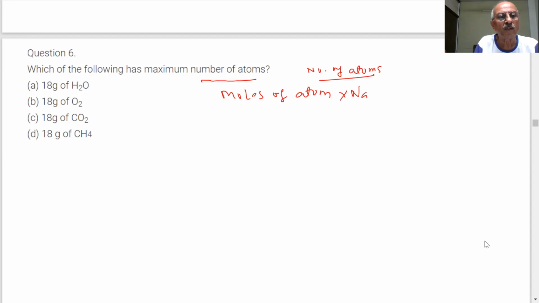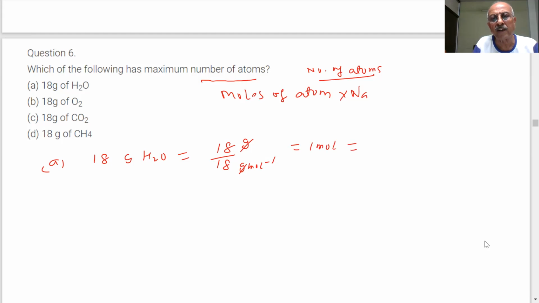What is the problem? So in A, you have 18 grams H2O means how many moles? 18 gram by 18 gram per mole. 1 mole. 1 mole contains how many atoms? Let me say first, I'm saying how many mole of atoms.